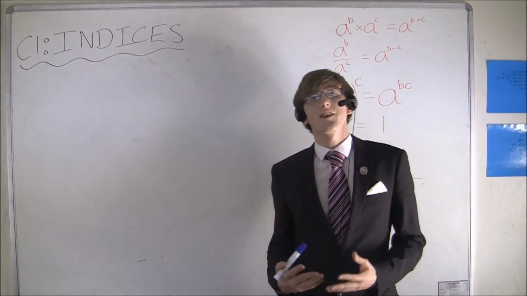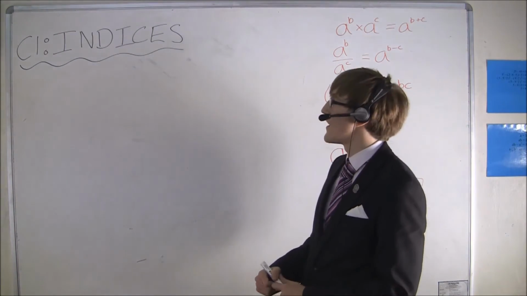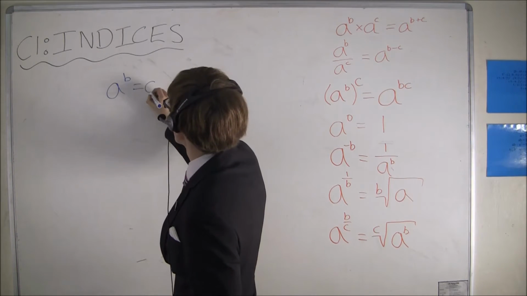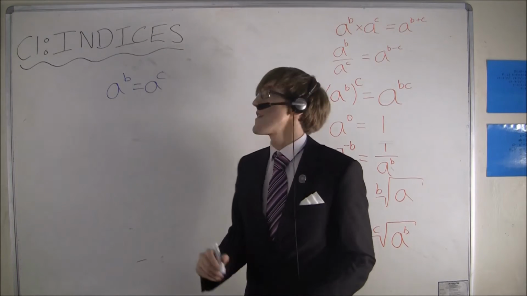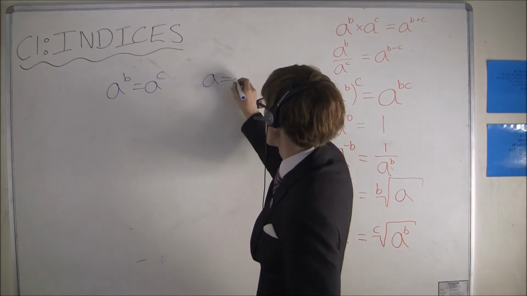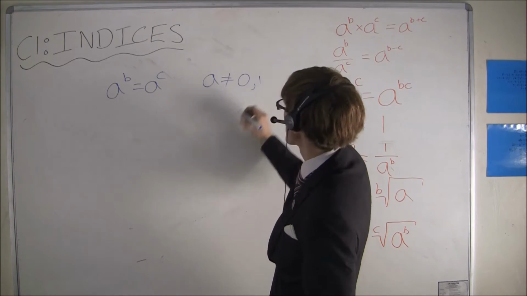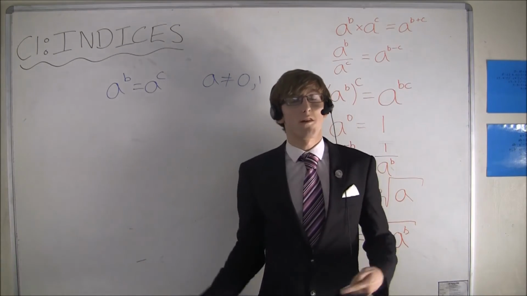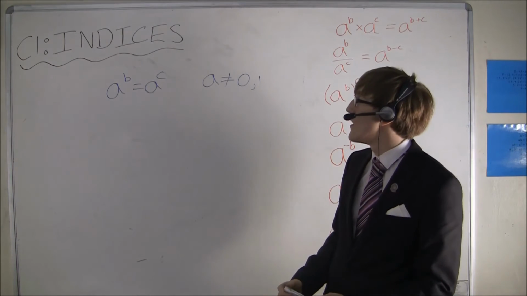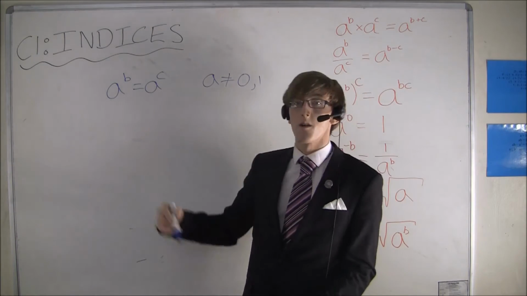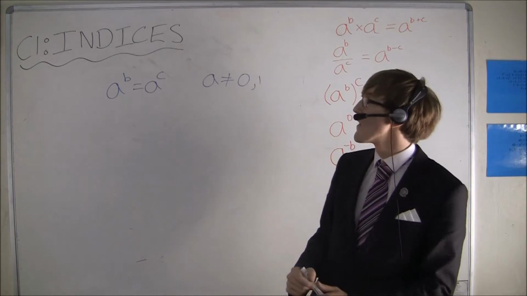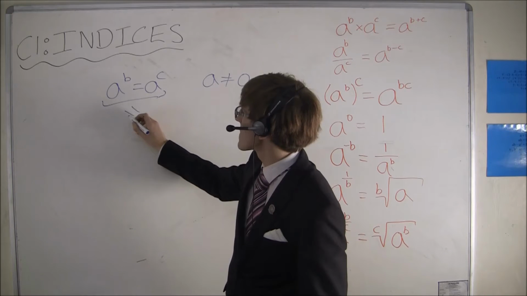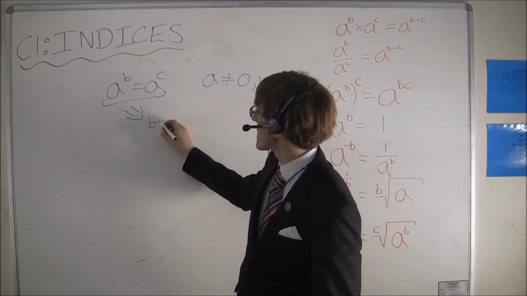The final idea which we need to learn is that if we have a to the power of b equal to a to the power of c, and a is not equal to 0 or 1, because if a were equal to 0, then 0 times itself any number of times is still 0, and similarly, if it's 1, 1 times itself any number of times is still 1, then if we know this to be true, this implies that b is equal to c.